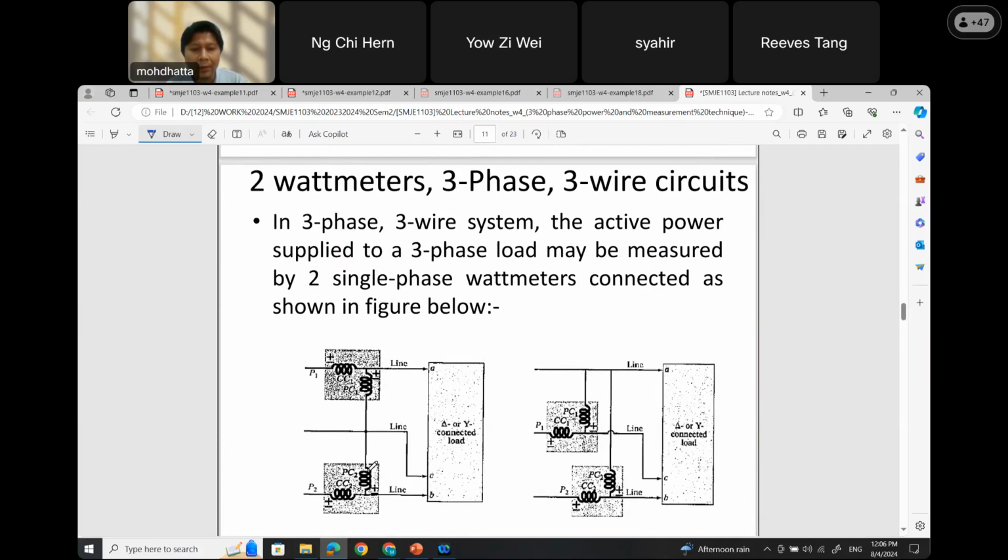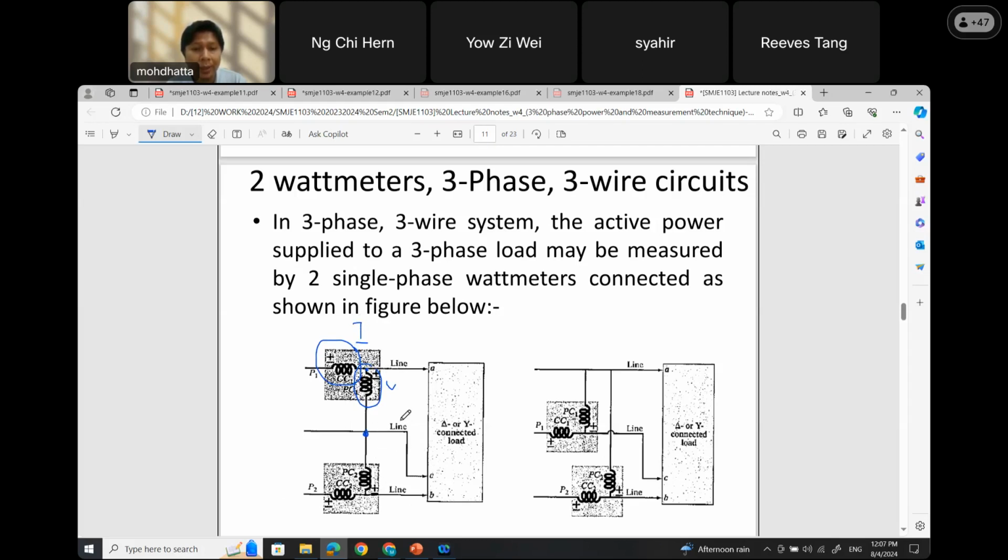C, is a common point. This one will be used to measure the current, and this one will be used to measure the voltage. So one end of the voltage will come from the first line, and the other end will come from the common line.